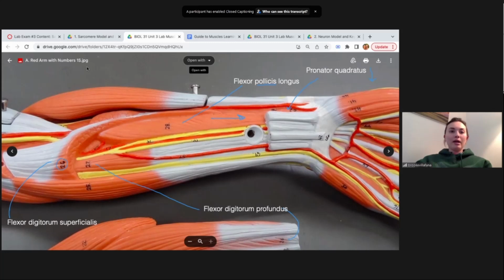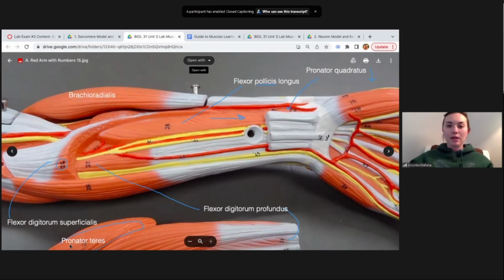I think I actually mislabeled this guy earlier. This guy is my pronator teres, because I know that the pronator quadratus and pronator teres go together. So that guy is the pronator teres. Sorry, I mislabeled that, because the brachioradialis is this one right here. Those two are next to each other, and sometimes when they're next to each other, I get them confused. So brachioradialis again would be this muscle when we turn the arm.